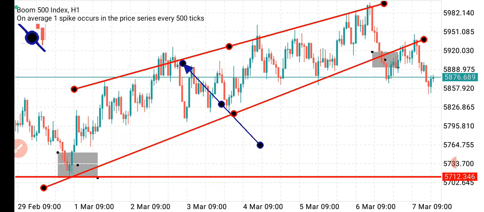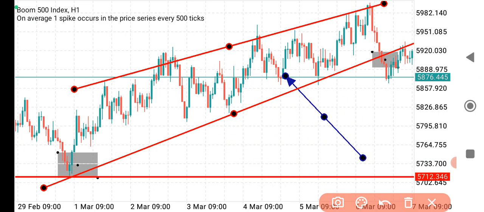So you see that when it moves here, it taps and comes down. I am not saying you sell from this point. No. You are following the trend. You are following the structure. And you will see that here, this is our low. This is a high. This is another low.